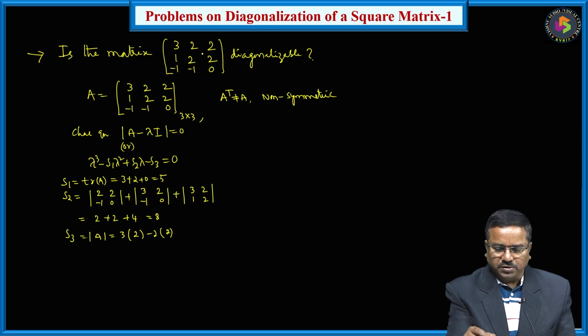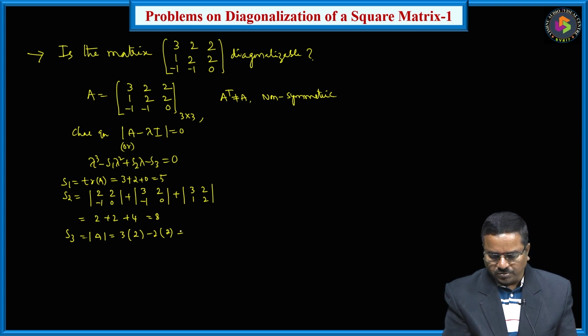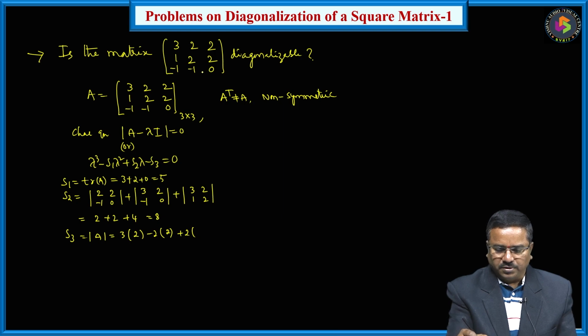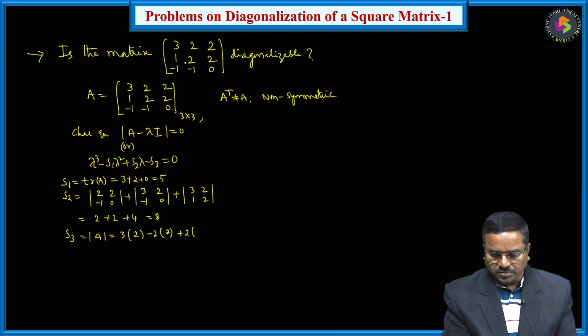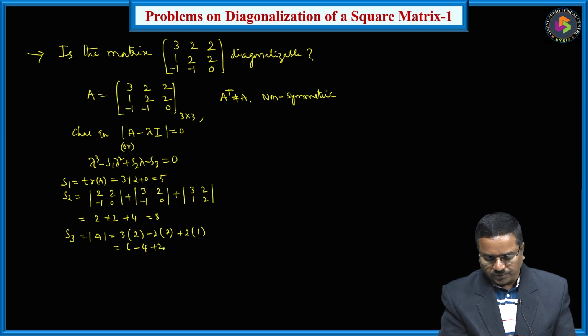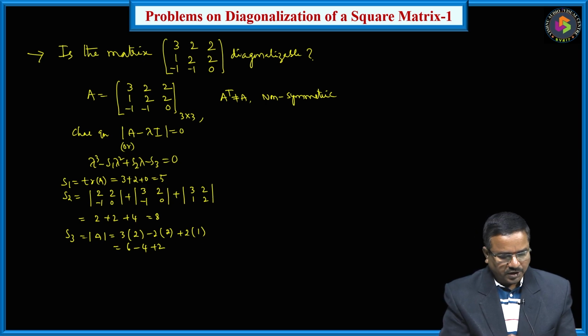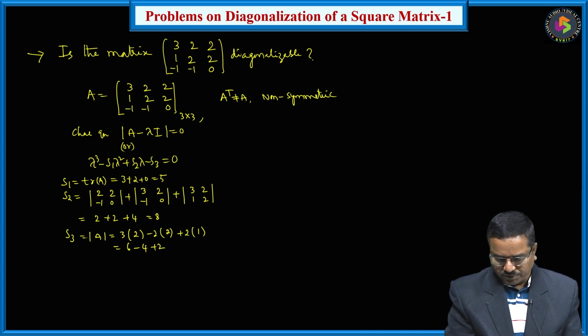Deleting the first column and first row, and the second column, write these elements: 0 minus minus plus 2, then come to this one, 2. This is the minus 1 plus 2, minus 1 plus 2 is 1. Simplifying this, 6 minus 4 plus 2, so we get 4.